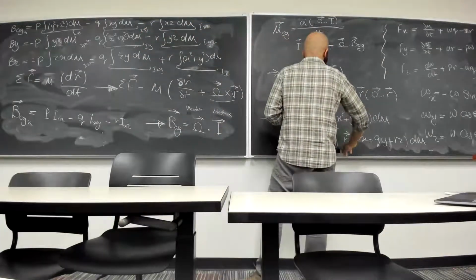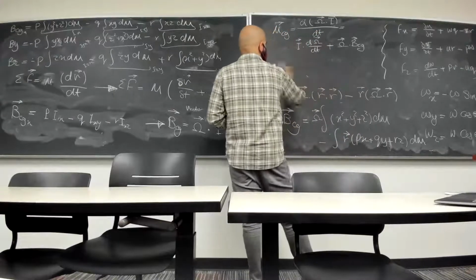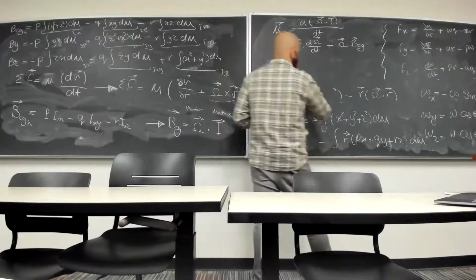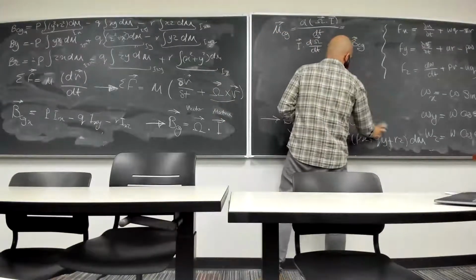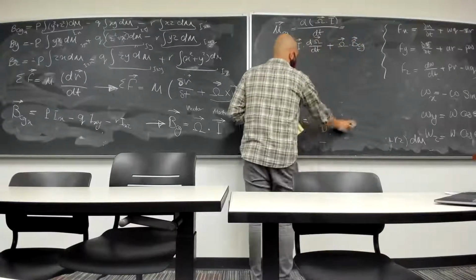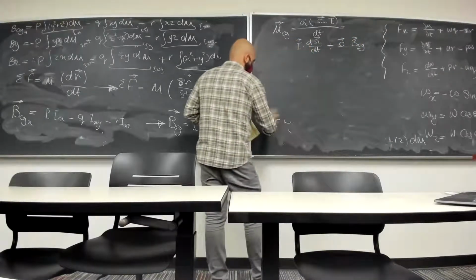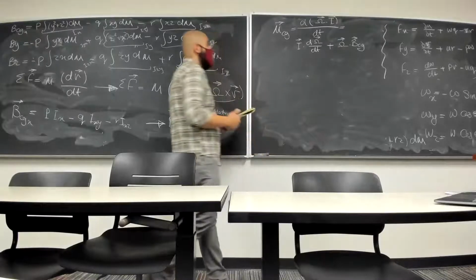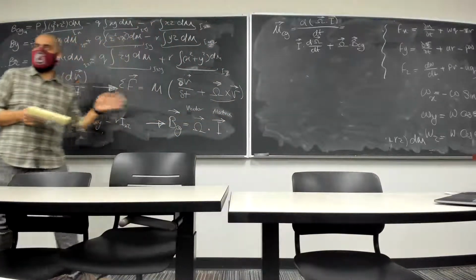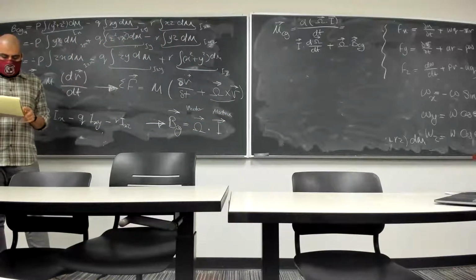Okay, so we have the equation, right? We have BCG, we have the tensor I, we have whatever we need. And on the other side of it, we're just going to have different components of moment, Mx, My, Mz.